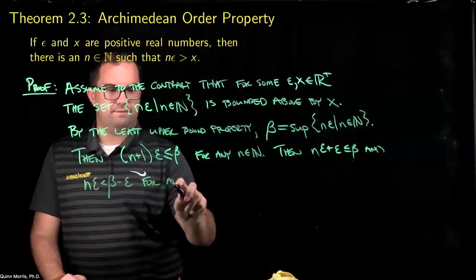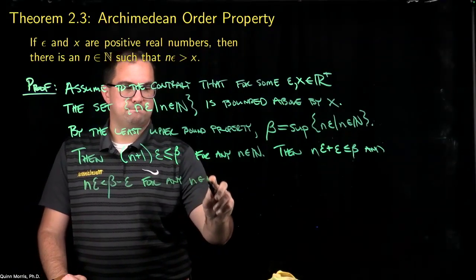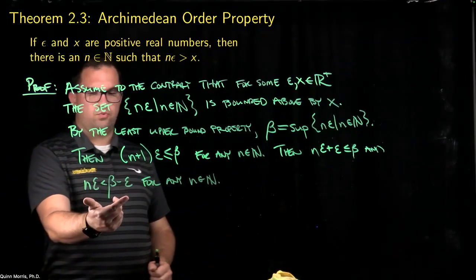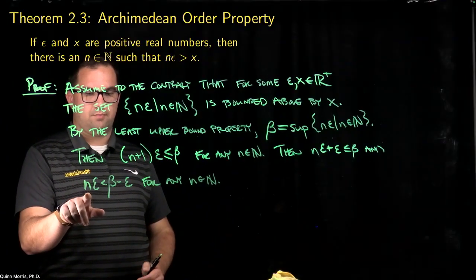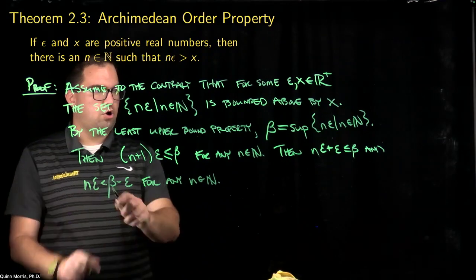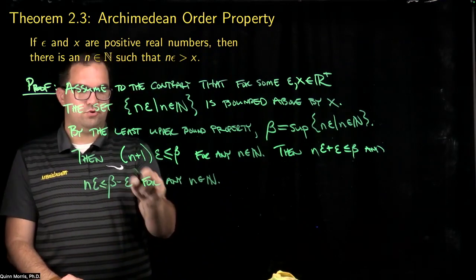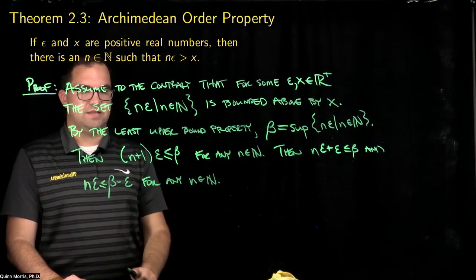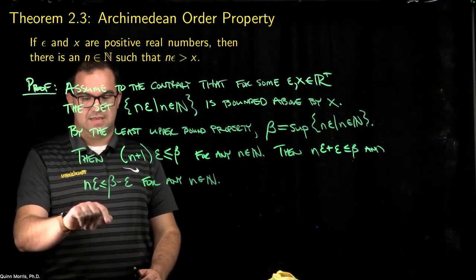Again, for any natural number n. But now, if I look at this, what does this say? This says any natural number times epsilon is always less than or equal to beta minus epsilon. Well, that means beta minus epsilon is an upper bound for this set.